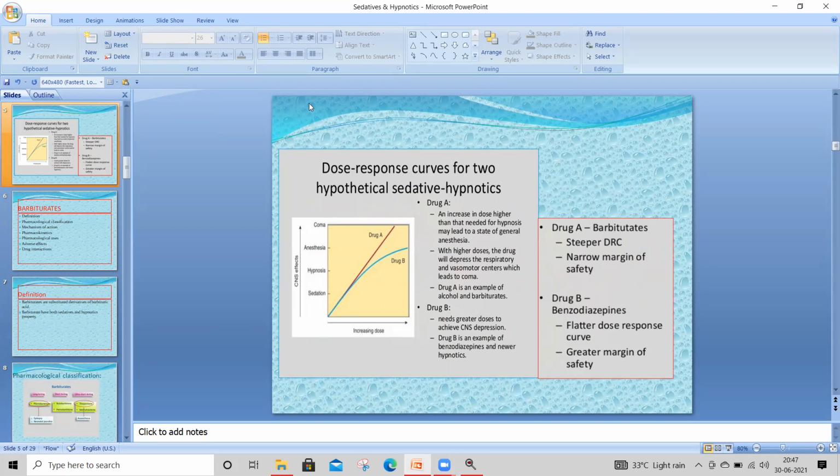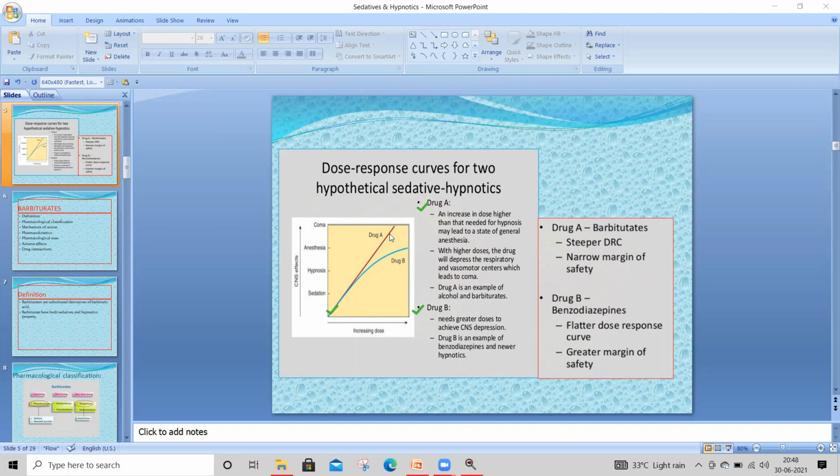Here you see the dose response curve for two hypothetical sedative hypnotic drugs. Here two drugs are there. One is drug A, another is drug B. From this graph you can see, if you increase the dose of drug A, on this side you can see sedation, hypnosis, anesthesia. That means first of all it will lead to sedation, then hypnosis, then it may lead to anesthesia.